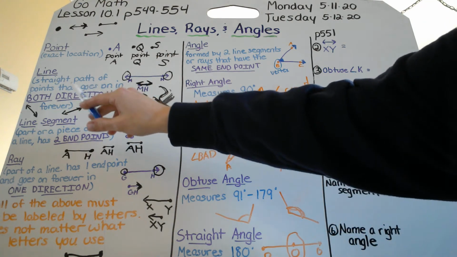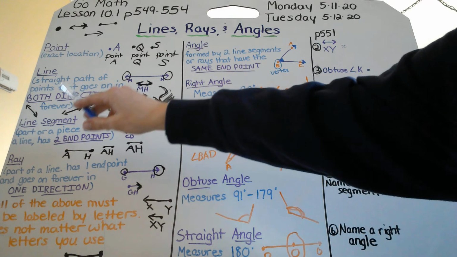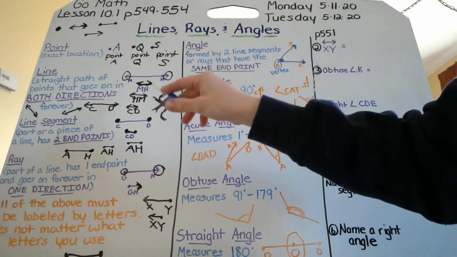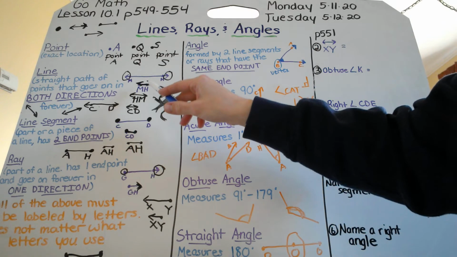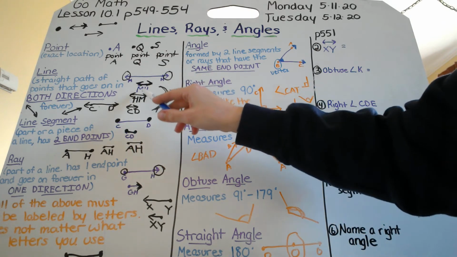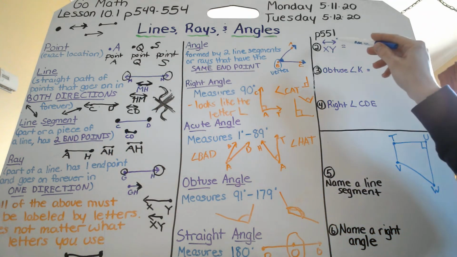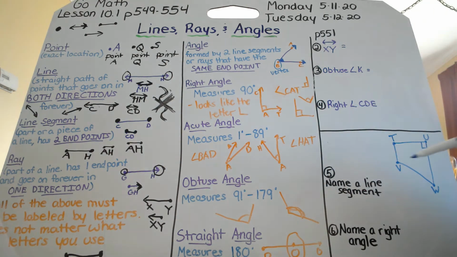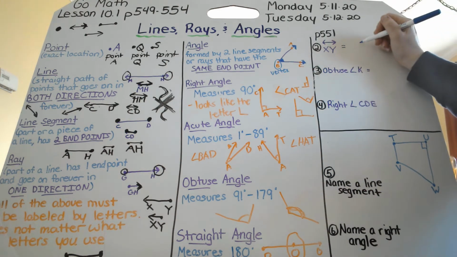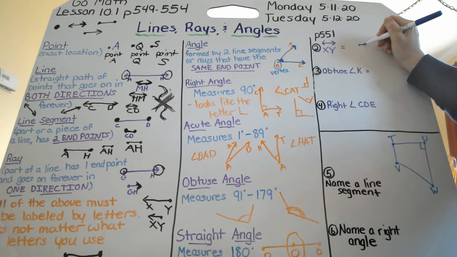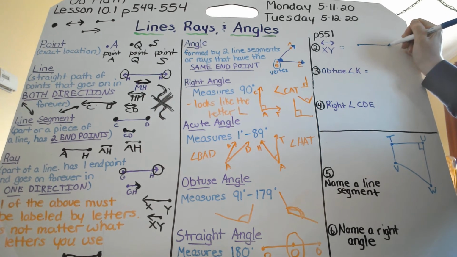A line is a straight path of points that goes on in both directions forever. And I showed you that it is a little line with 2 arrows going in both directions, which is exactly what this looks like. So all you would do here, okay, is you would draw your straight line.